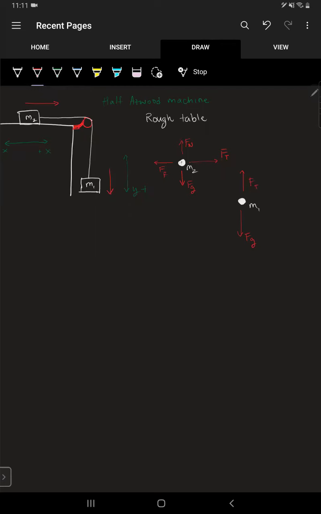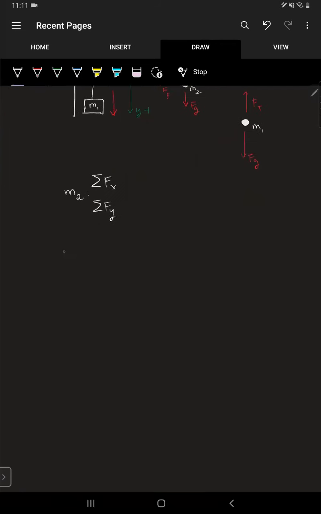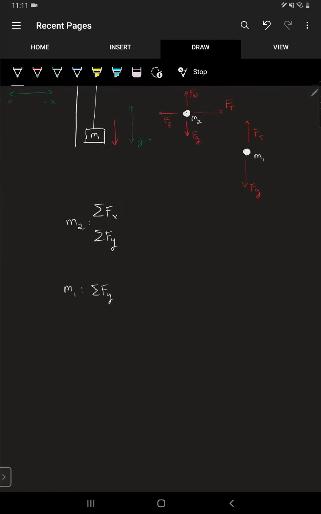That means that there is a sigma Fx and a sigma Fy, but this is only for M2. And for M1, there's only a sigma Fy because there's no x directional forces.